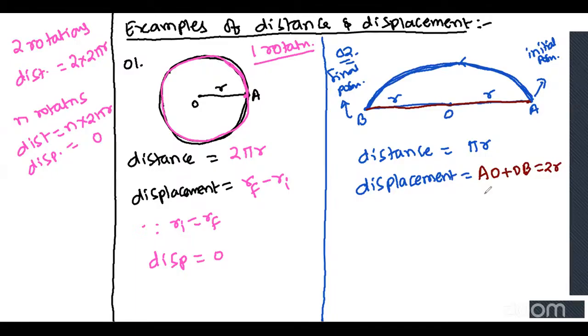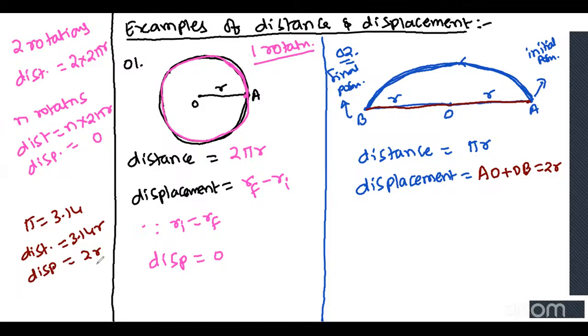Okay? Fine. For your understanding, I'm saying, value of pi means it is 3.14. So distance it is 3.14 into R. Displacement will be 2R.